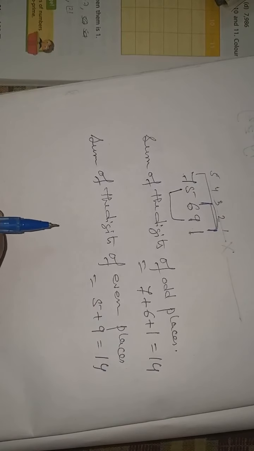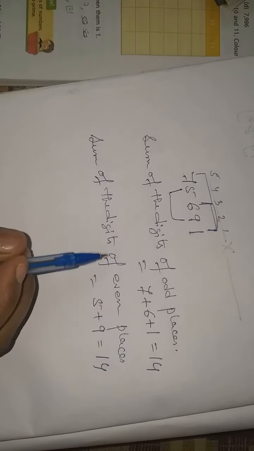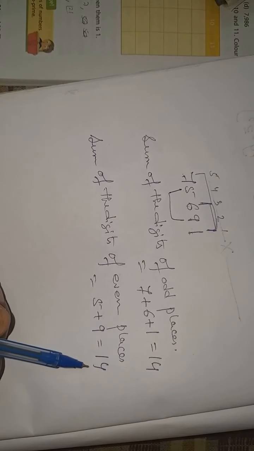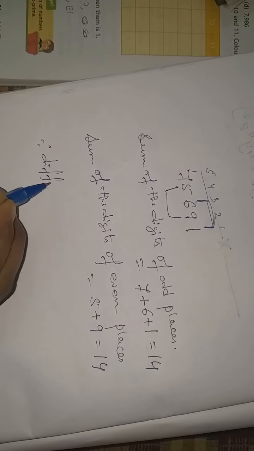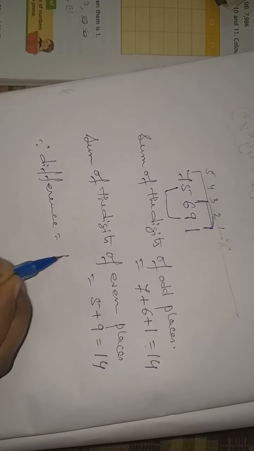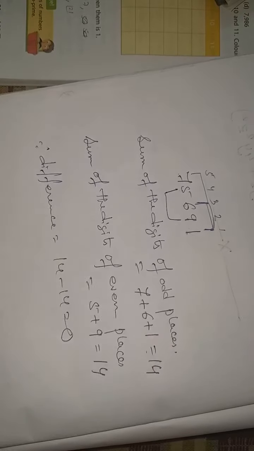Now we have to find the difference between the sum at the odd places and the sum at the even places. The difference is 14 minus 14, that is 0.